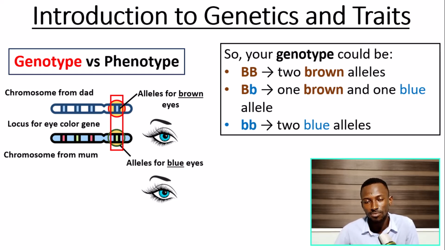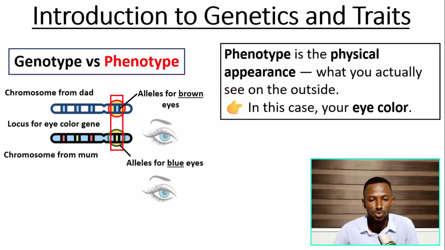If you have one dominant and one recessive, like capital B, small b, it's known as heterozygous dominant. But if you have small b, small b, it's known as homozygous recessive for the trait. So these are the possible genotypes that the child is going to have.